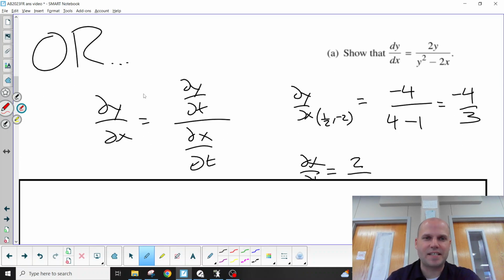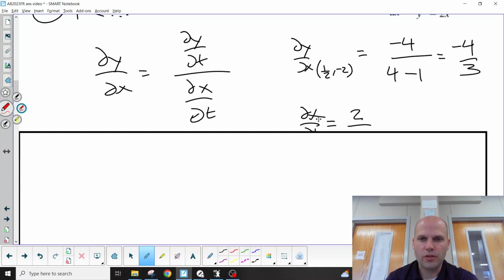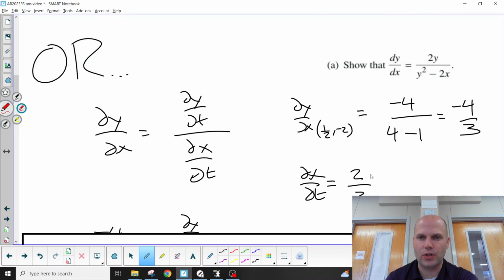Does it make sense that dy/dx would equal dy/dt divided by dx/dt? Yeah, if I divided these two fractions together, wouldn't the dt's just cancel? Okay. Well, they gave me dx/dt as 2/3. I could find dy/dx by plugging in 1/2, -2 into the original equation, getting -4/3.